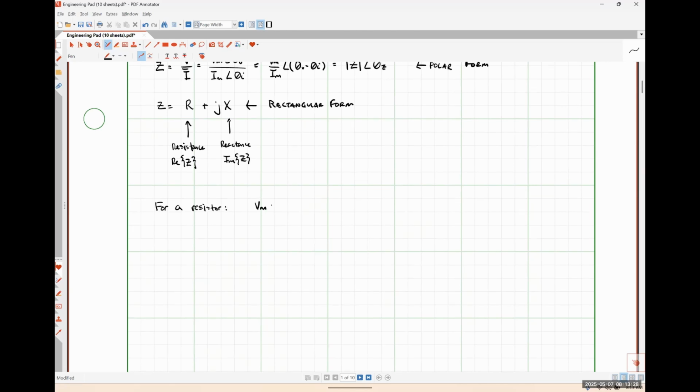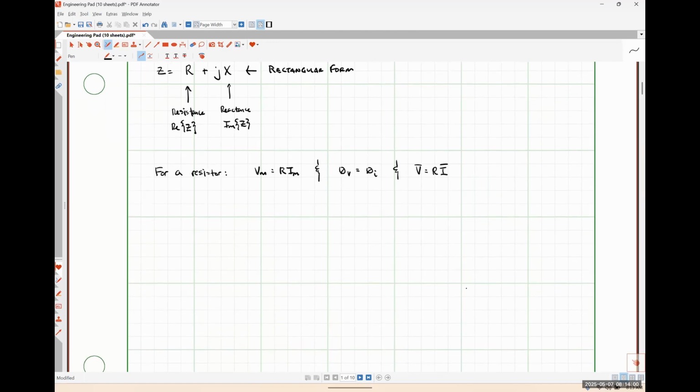The magnitude of our voltage was equal to R times the magnitude of our current. And we learned that the phase angle of our voltage was equal to the phase angle of our current. And then we also wrapped things up with a relationship that our phasor voltage V was equal to R times our phasor current I. So we can use these three pieces of information. Realistically, we're just mainly going to work on the last one here.